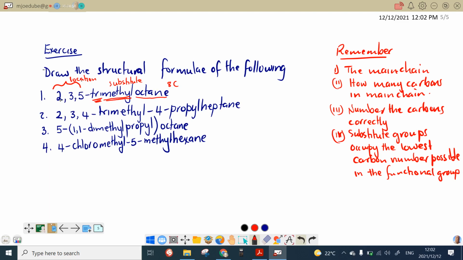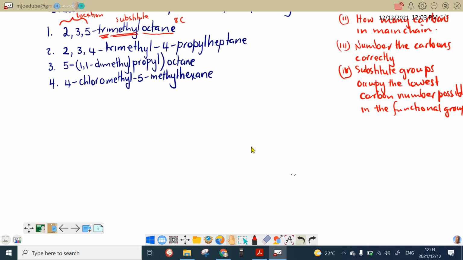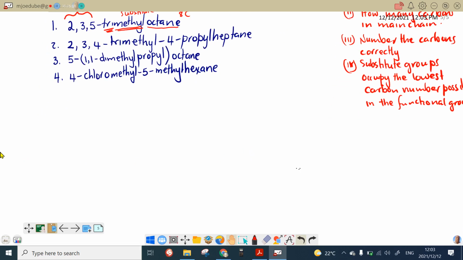They're found at position 2, position 3, position 5, and they are methyl groups on that long chain. So I'll give the first example, and that first example is as follows. Just create space. So you've got your 2,3,5-trimethyloctane.